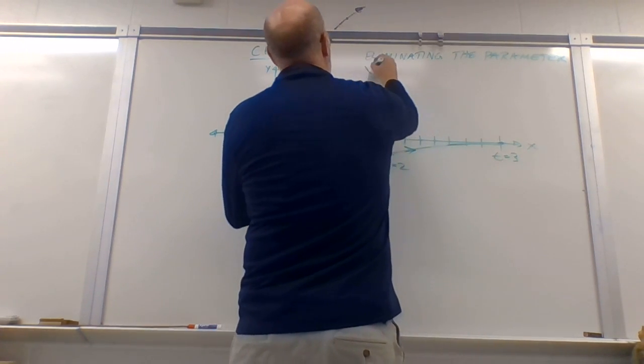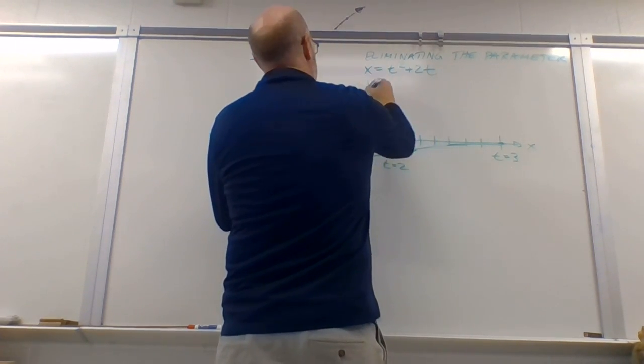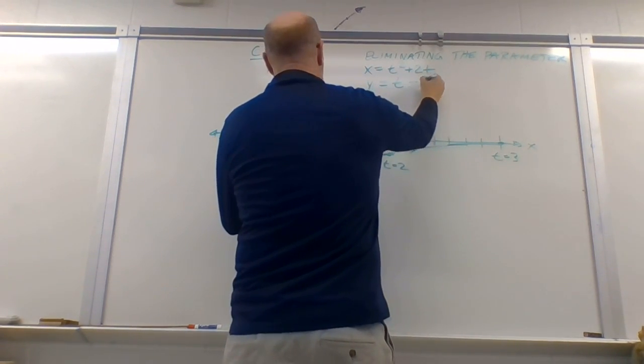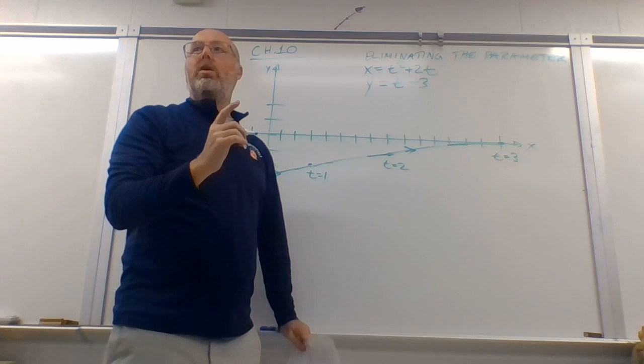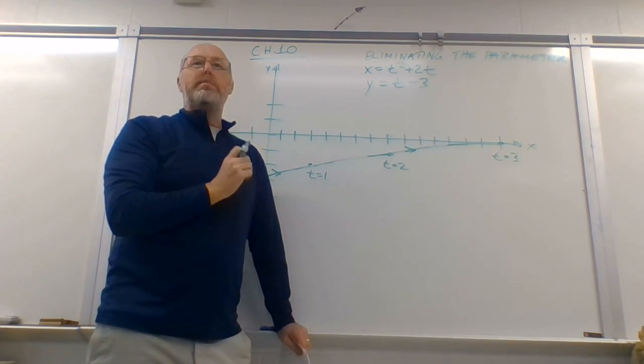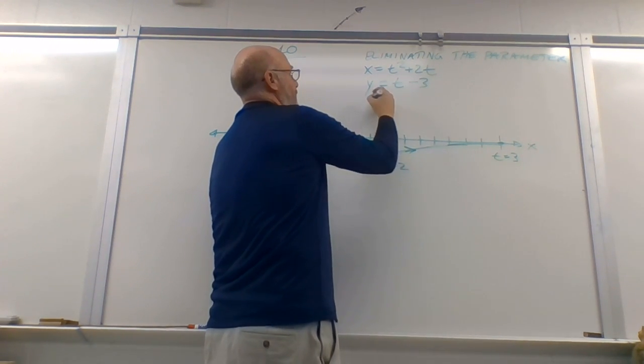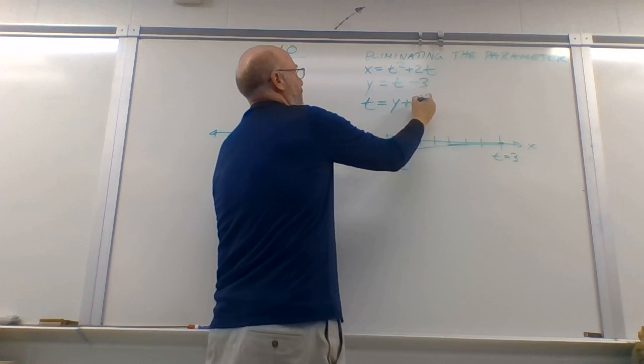Basically, I told you this is true, and I told you this is true. So, which one do you think I could probably isolate T best in? Yeah, okay, great. So I'm going to add 3 to both sides.